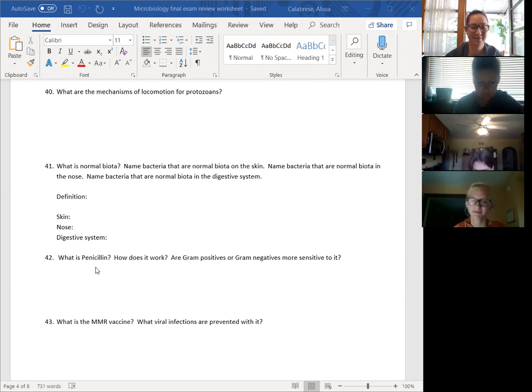So penicillin targets the cell wall, so it prevents bacteria from basically creating more peptidoglycan, so that as their old peptidoglycan wears out, they tend to break apart. So given that it works on peptidoglycan, do we think it's more effective against gram positives or gram negatives? Gram positive. Very good.